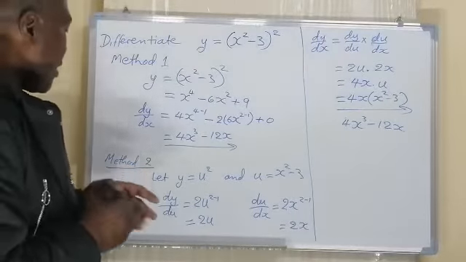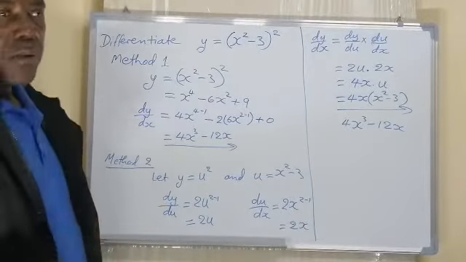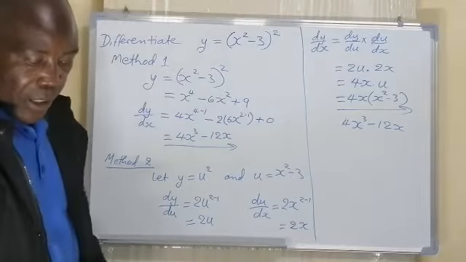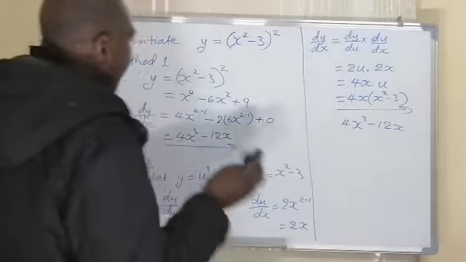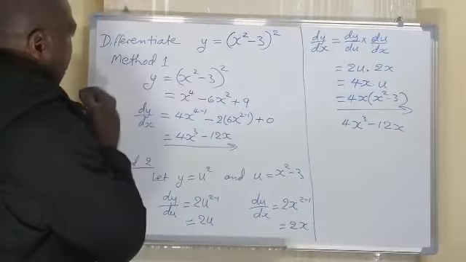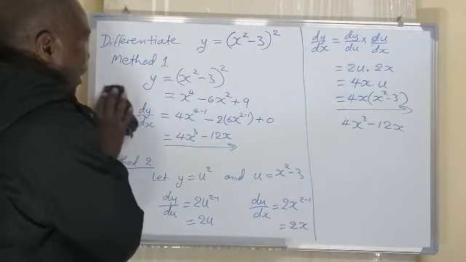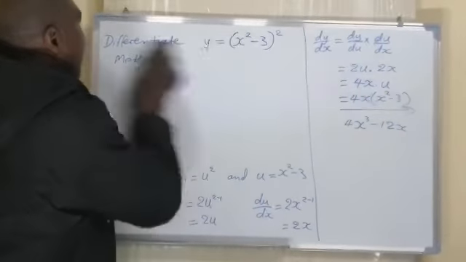This method, the second method, is of advantage when, say, you are given an expression which is like this. That's where it is most important.